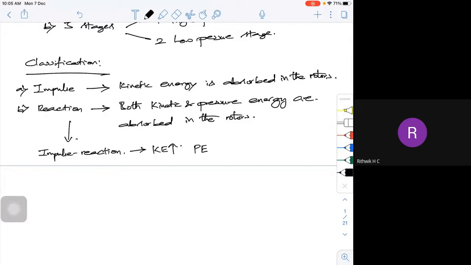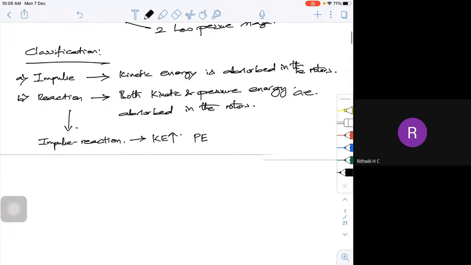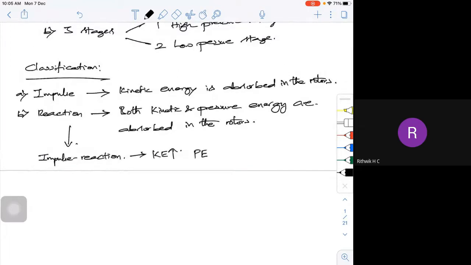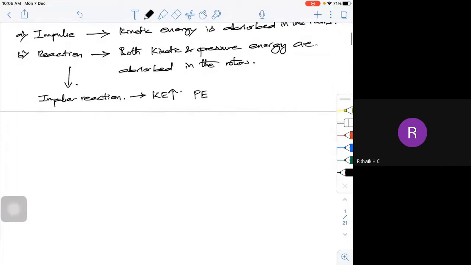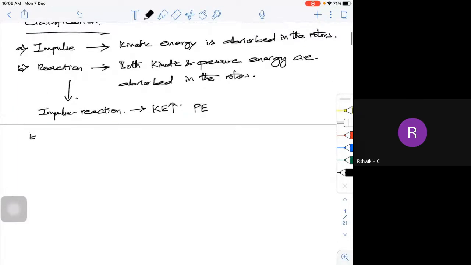Now, if you want some examples: for an impulse turbine, there are two types which have existed since maybe the 18th or 19th century. We have the De Laval turbine, a very good example which you might have studied in your elements of mechanical engineering, and we have the Curtis turbine.